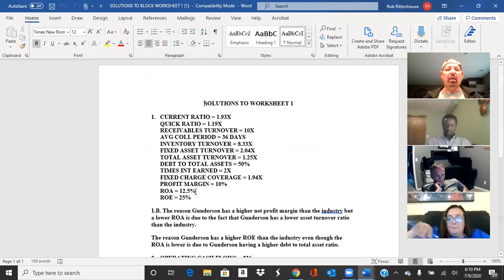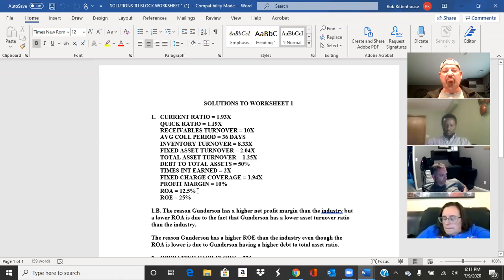And by the way, note that that same number could have been computed by taking the profit margin of 10% and multiplying that by the total asset turnover ratio of 1.25 times. 1.25 times 10% is 12.5%.